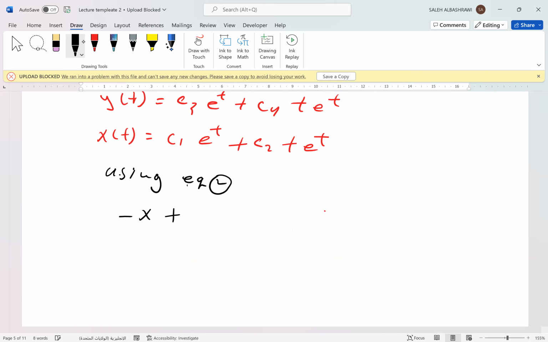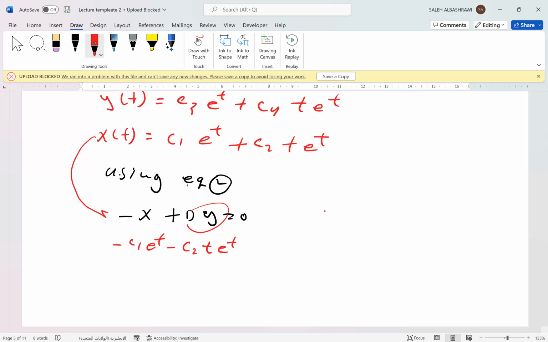Minus x is given by minus c1 e to the power t plus c2 t e to the power t. I just substitute and replace x by the given expression.